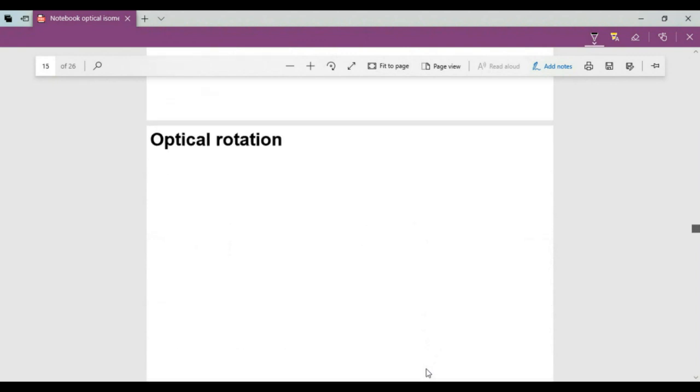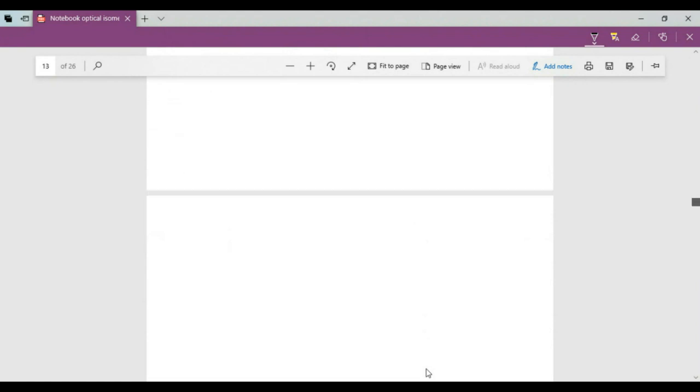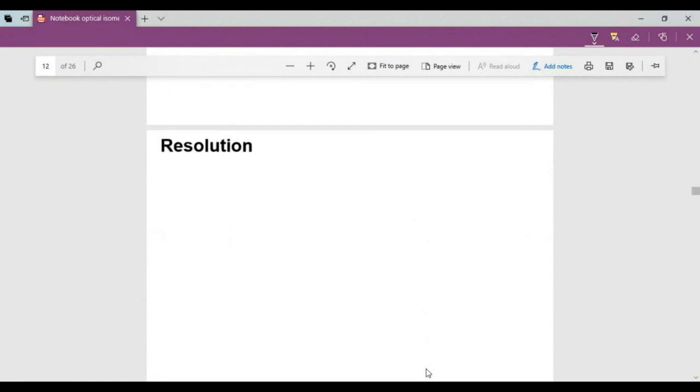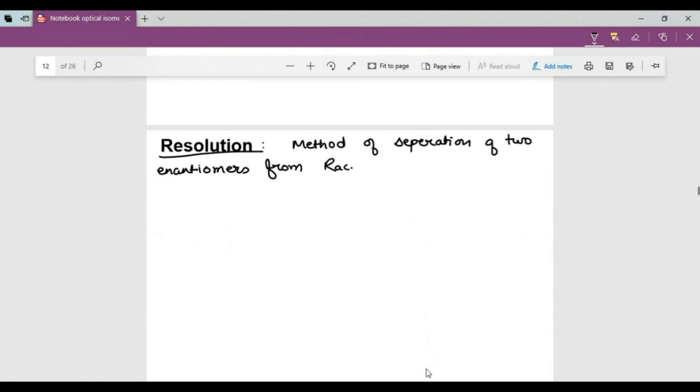Resolution. Resolution is the method of separation of two enantiomers from a racemic mixture.